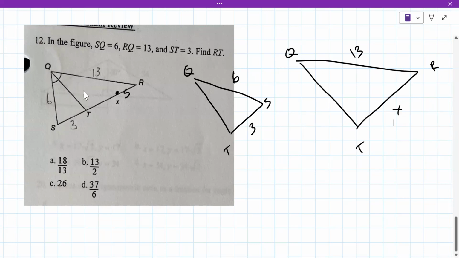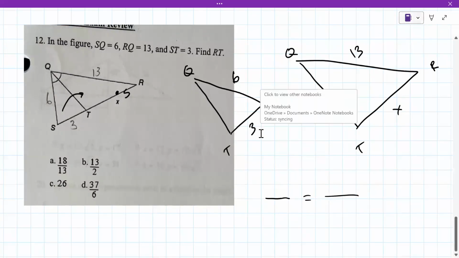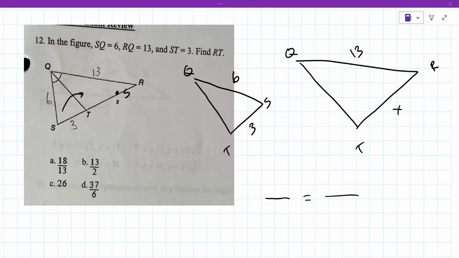Yeah, this makes more sense. I'm big on drawing two separate pictures, getting away from all that's going on here. And then you can see the proportion really well. You can basically map 6 and 3, and then 13 and X. So go ahead and solve that for us, please.